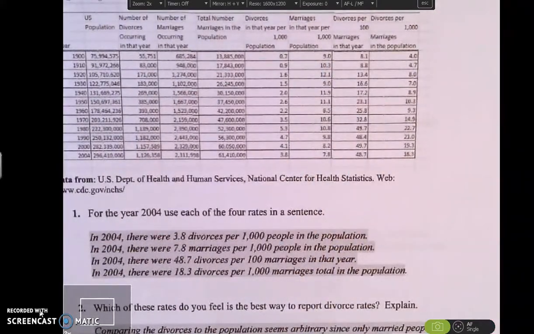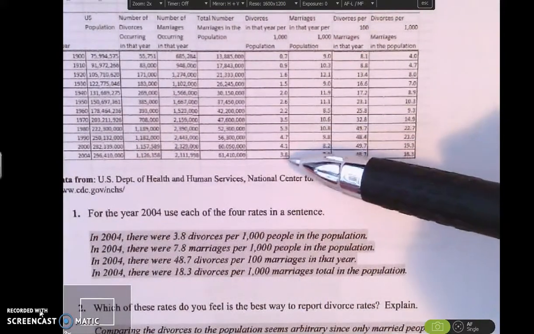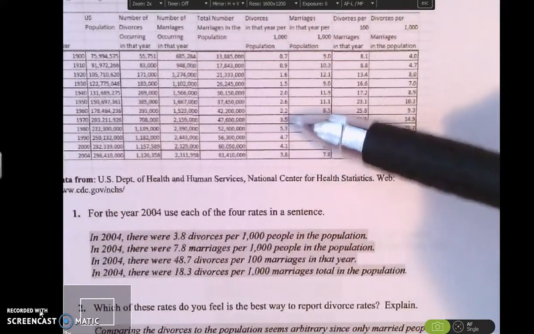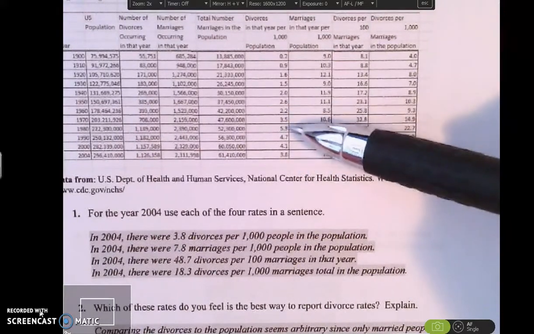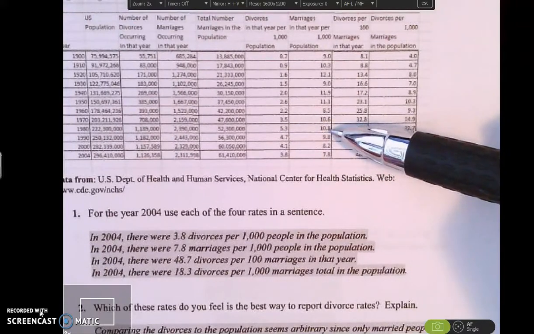So the divorce rate per 1,000 population is roughly half of the marriage rate per 1,000 population since 1980. So we're comparing the divorce rate in 1980, which is 5.3, and the marriage rate in 1980, which is 10.8, and they're half of each other.